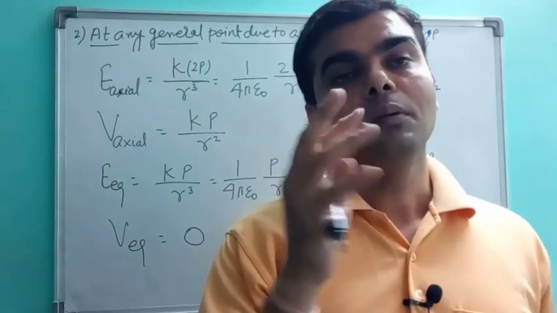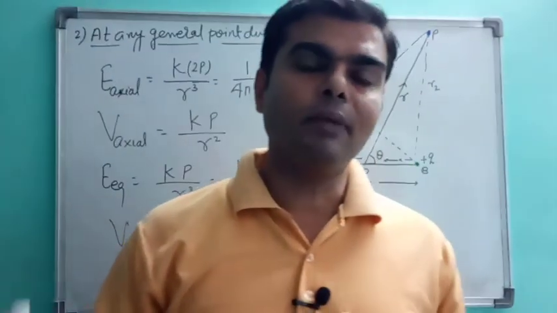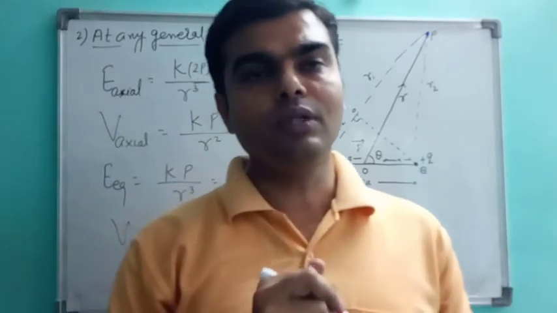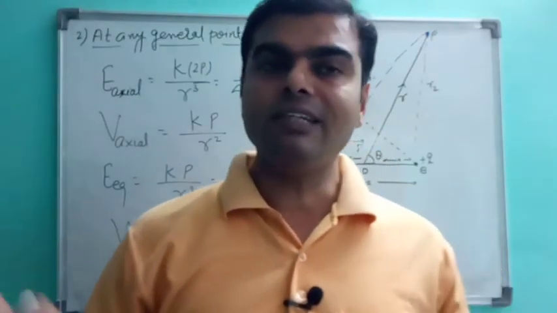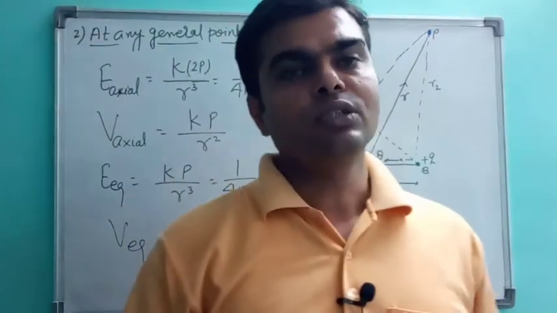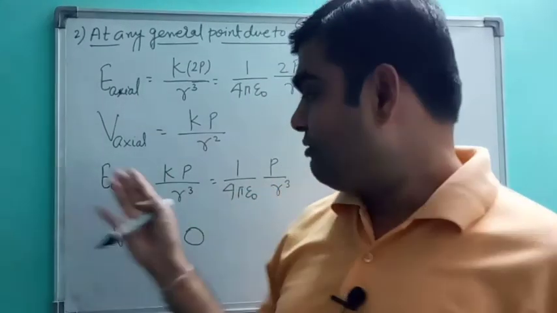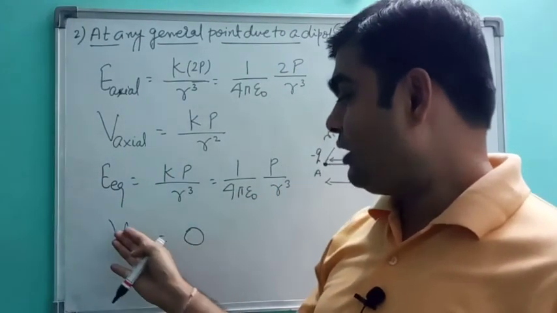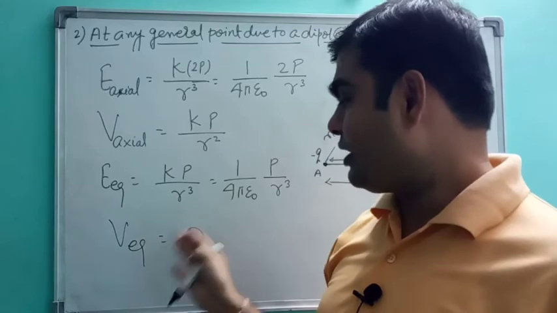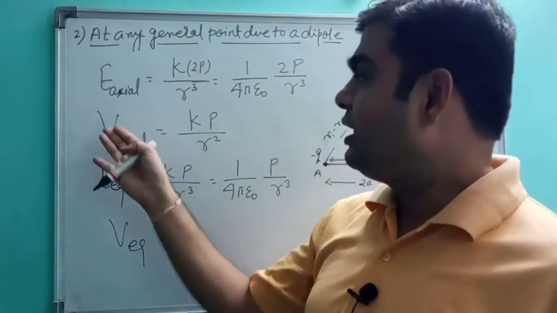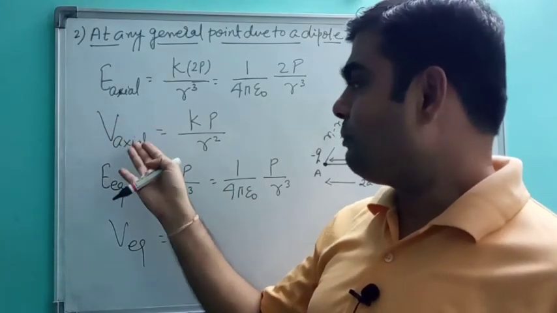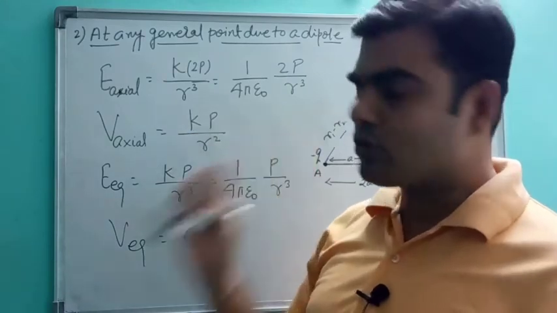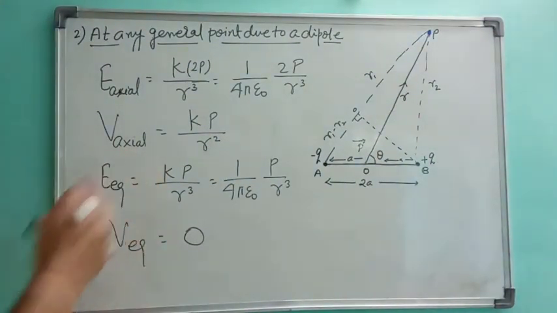Both are at equal distances, so the magnitudes are positive and negative and cancel out. So V equator, the electric potential on the equatorial line, is 0, but the electric potential on the axial point is kp upon r squared. So write down this conclusion.